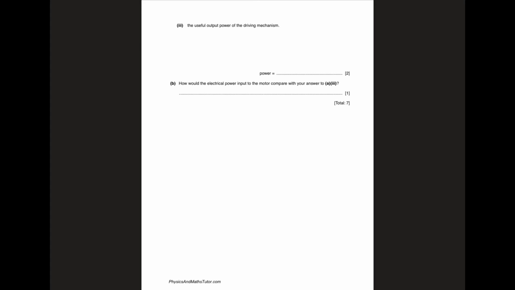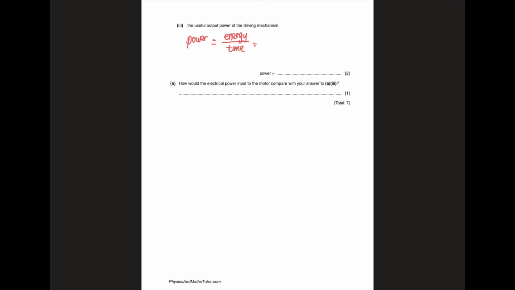In order to find the power, we need to know that power equals energy over time. Of course, since they ask for useful output power, we have to use the useful energy on top.